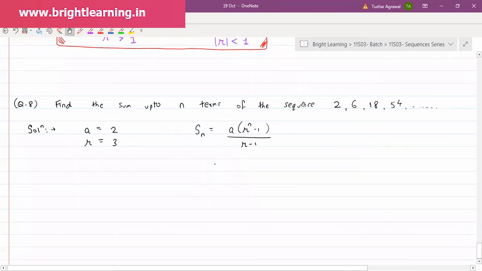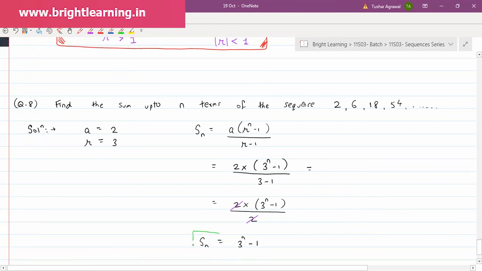So it will be simply 2 times 3 to the power n minus 1 upon 3 minus 1. So it is equal to 2 multiplied by 3 to the power n minus 1 upon 2. This gets cancelled out. So Sn is equal to 3 to the power n minus 1. That's it.